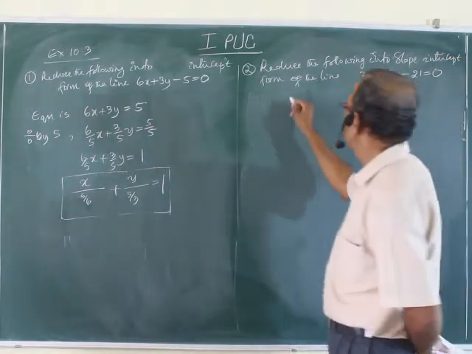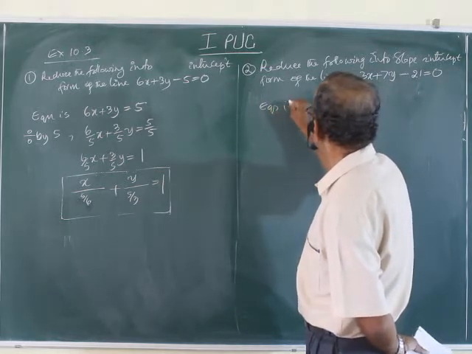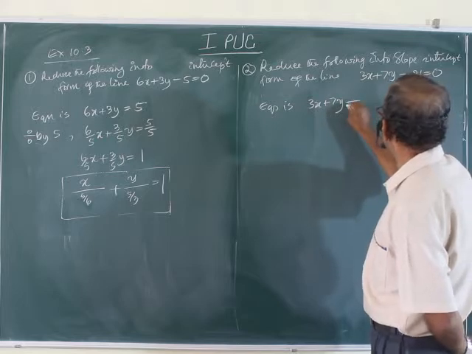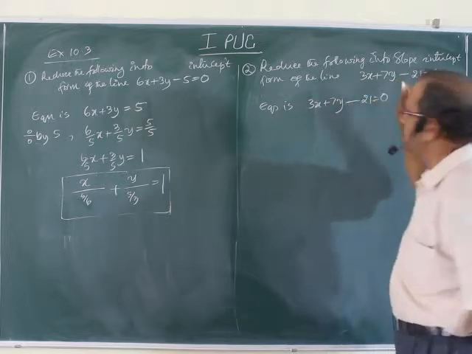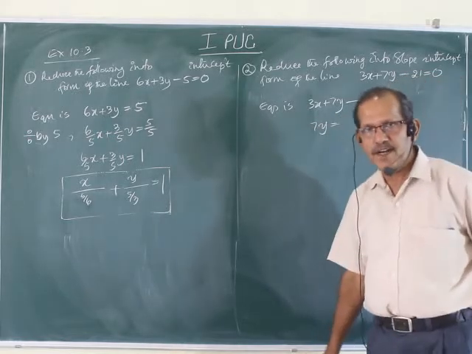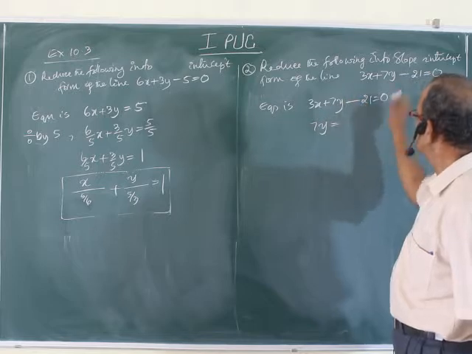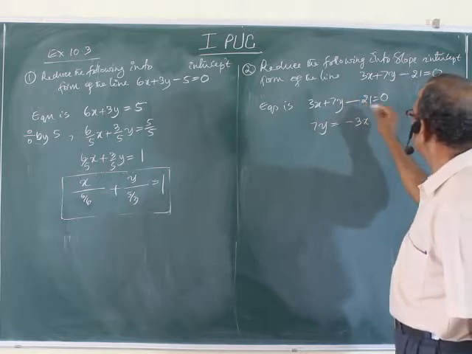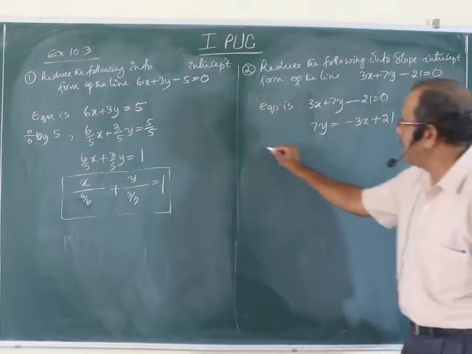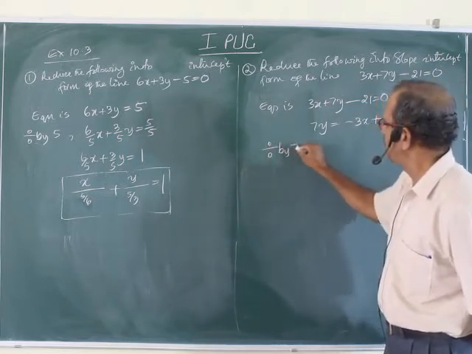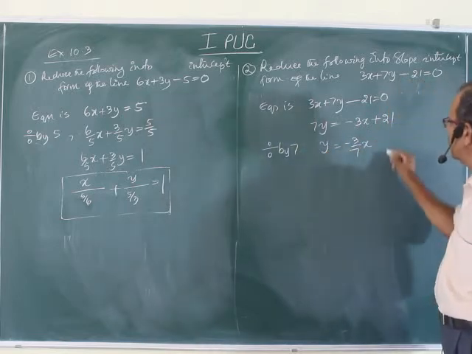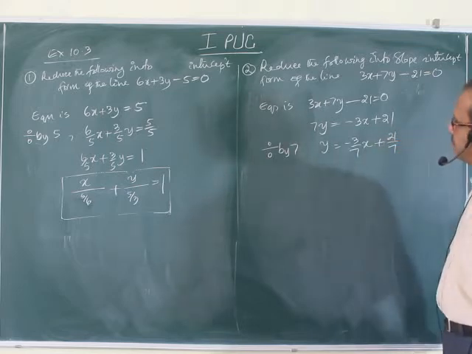Y intercept. So equation is 3x plus 7y minus 21 equal to 0. 7y equal to minus 3x, minus 21 becomes plus 21. Divide throughout by 7. Y equal to minus 3 by 7x plus 21 by 7.